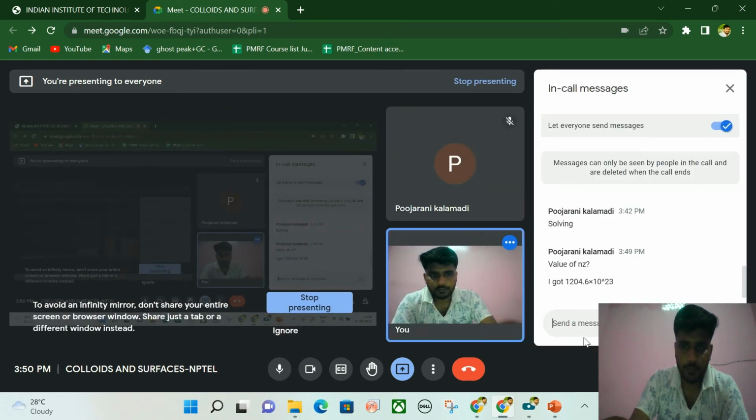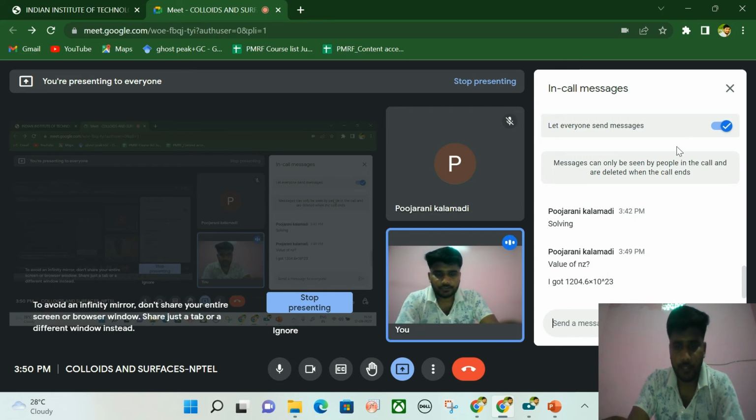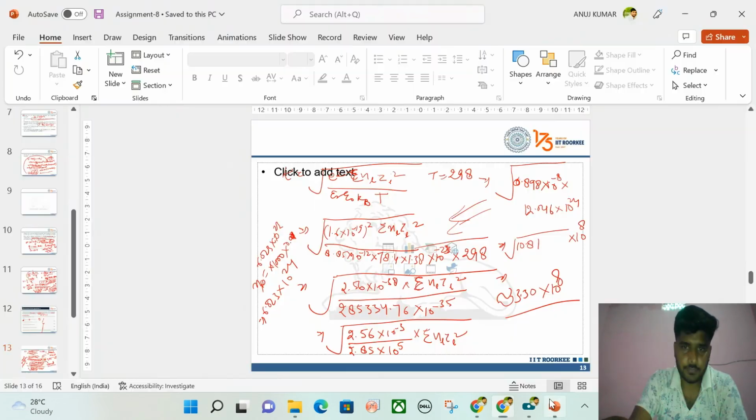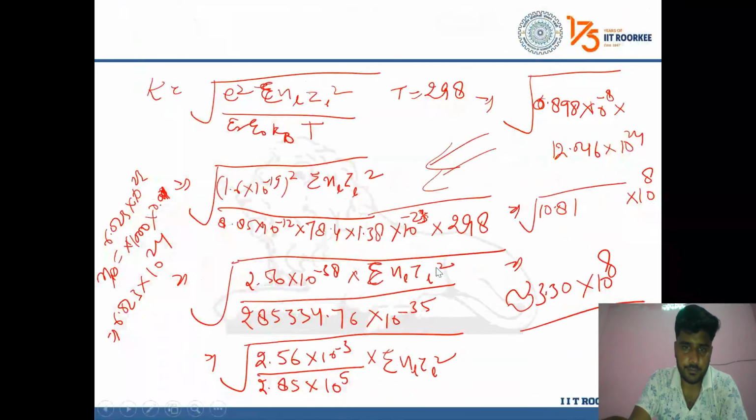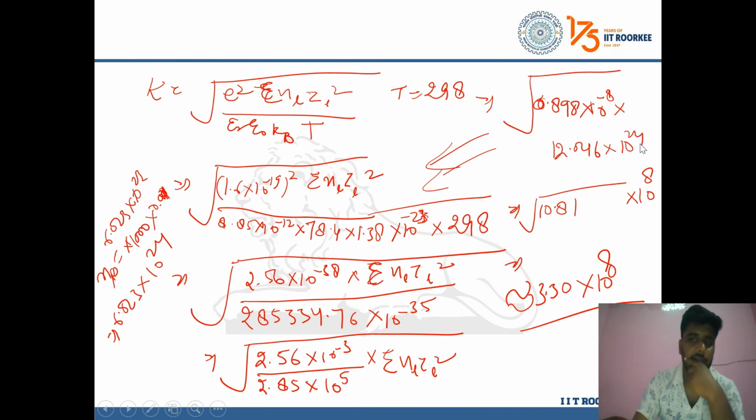I got 12.0. Yes, it is okay. I have also written the same thing here. You can see 12.046 into 10 to the power 24.